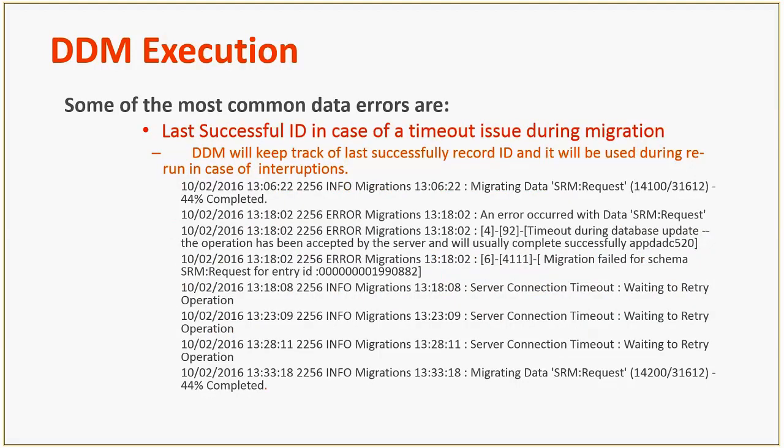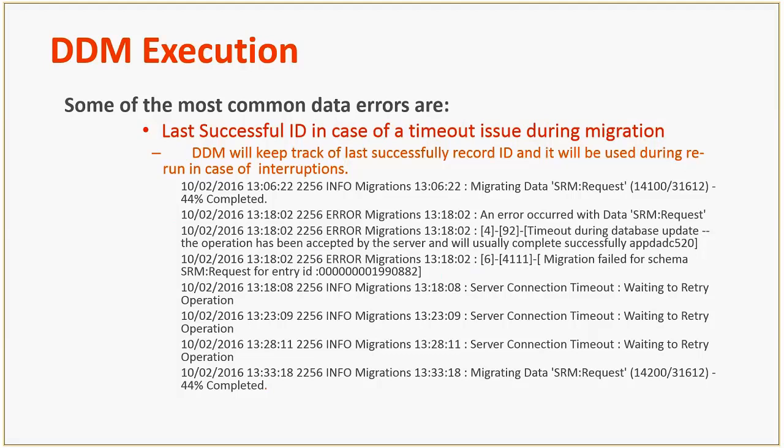Okay, so this is more like a feature we have, right? Let's say you're migrating data for a form, and then for some reason it timed out, the server timed out on you, or someone stopped the server, something like that. What DDM will do is it'll capture the last successful ID, right? So when you rerun with all the parameters exactly the same, in the same date range, it'll catch up from the record it left off.